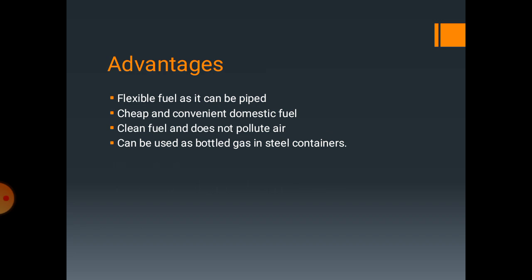For example, the main gas field is in Sui in Balochistan, and it is piped from the main source in Sui to the major towns and cities of the country. Another advantage of natural gas is as a fuel for transport.